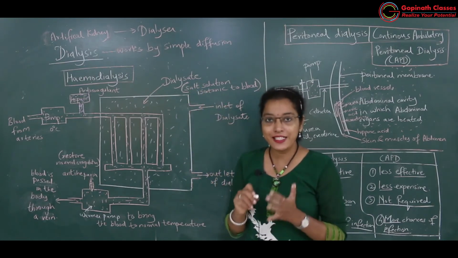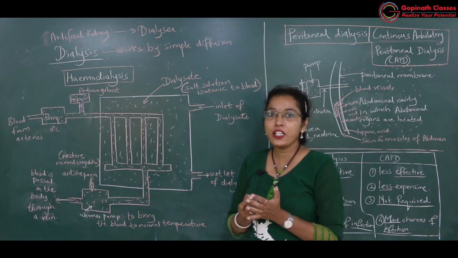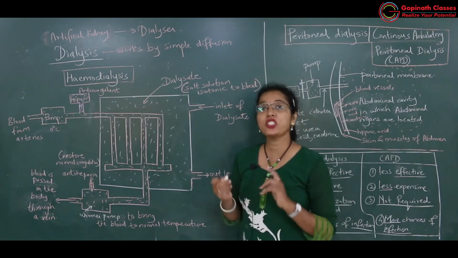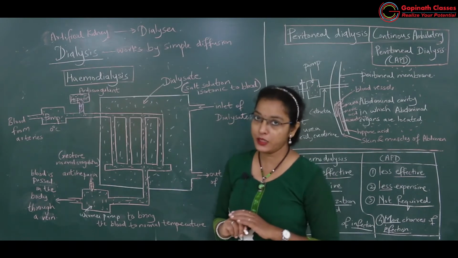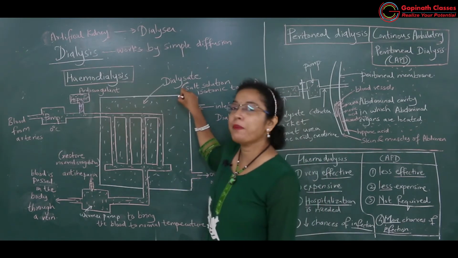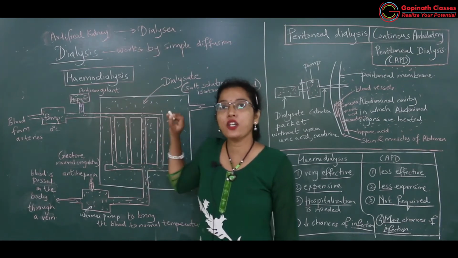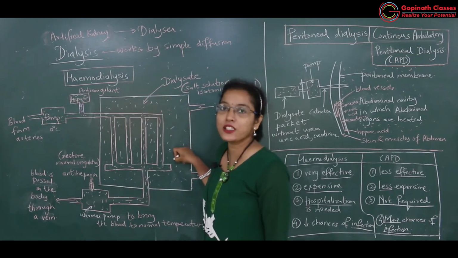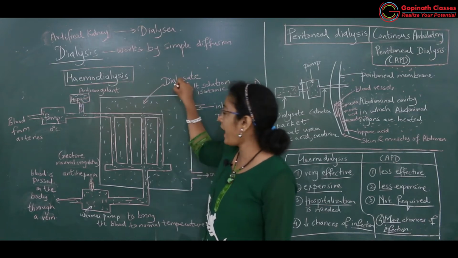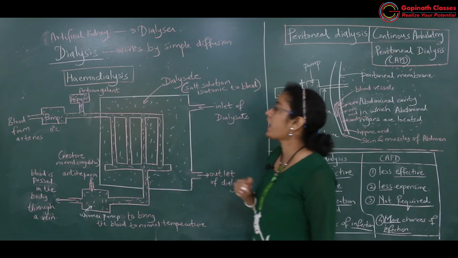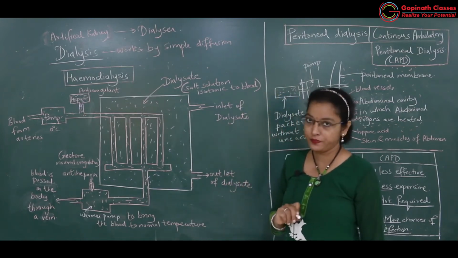Dialysate is basically a fluid, a salt solution which is isotonic to the blood plasma. The salts and ions present in the blood will all be present in this liquid.